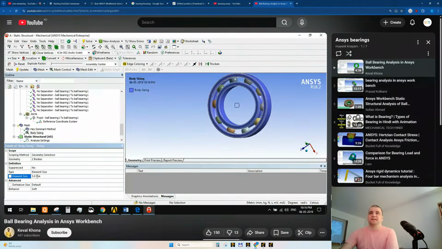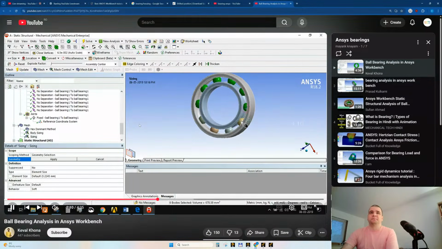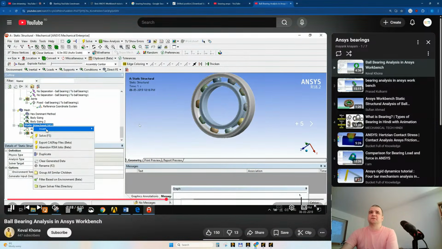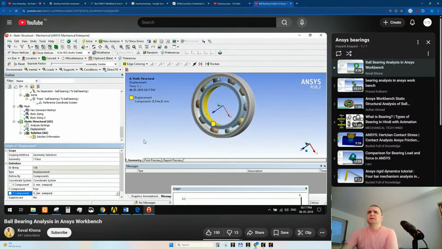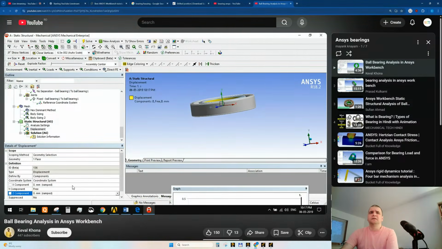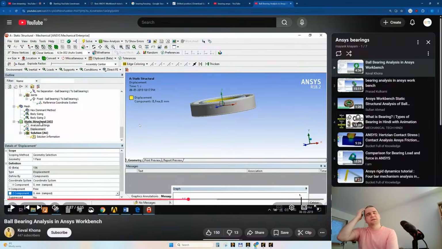But he has the speed, a very good speed. Sizing and control, the speed is very nice. He has a displacement? What? A displacement on the inner race? Displacement for what? 0, and he restricts the inner race from moving in the x and z directions.